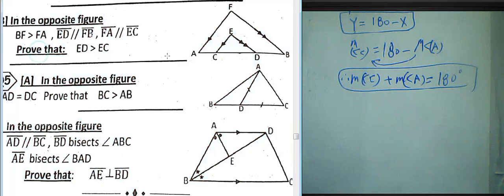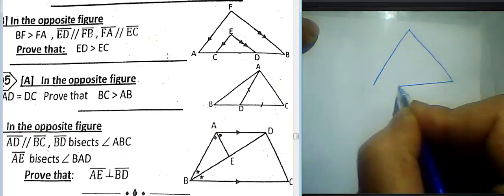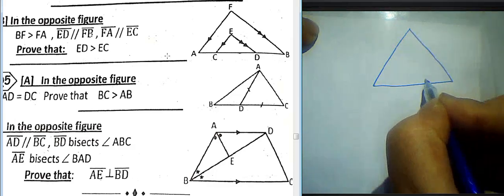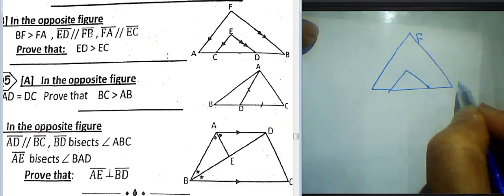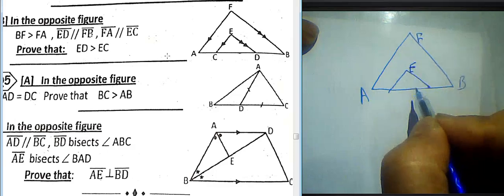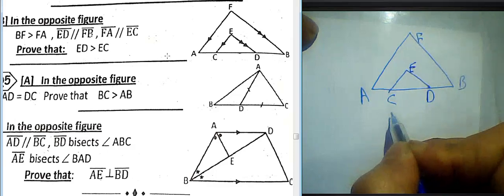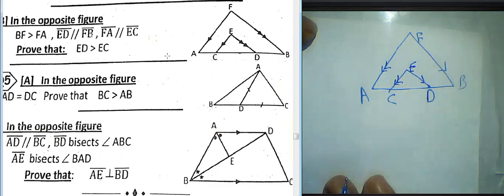Part B. In the opposite figure, we have a greater triangle and a smaller one, drawn with the same base. F, B, A, and it was E, D, and C. It was parallel, and the two sides here were parallel.